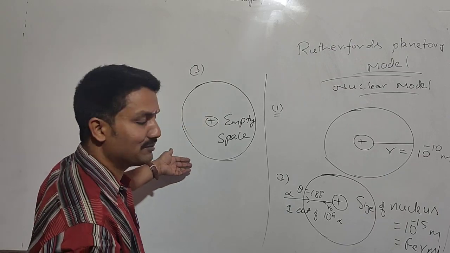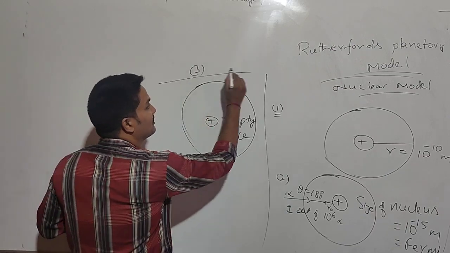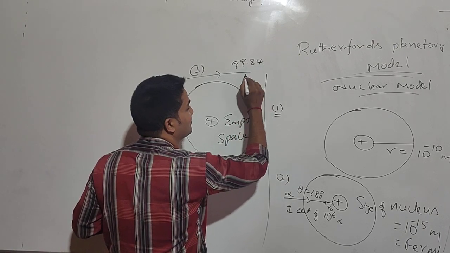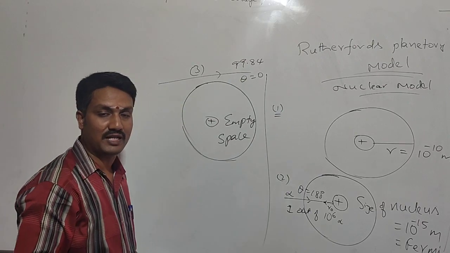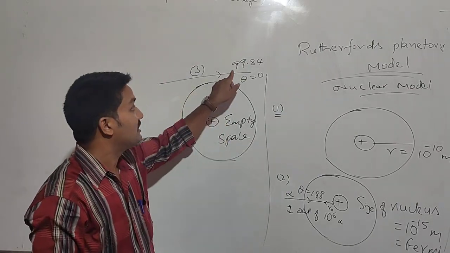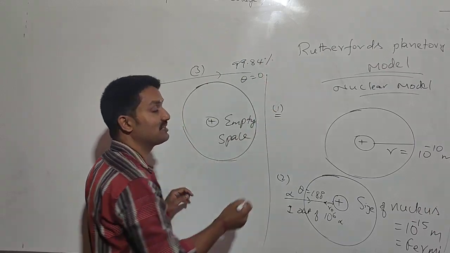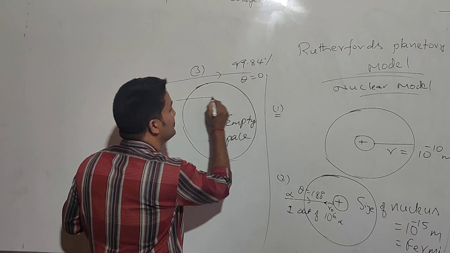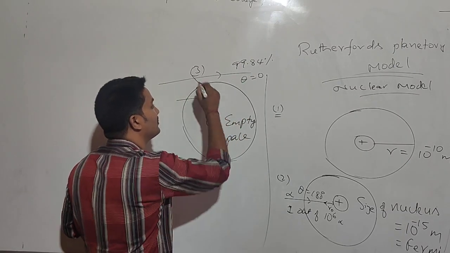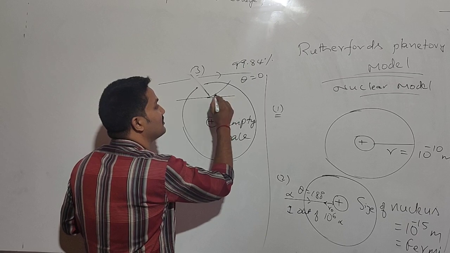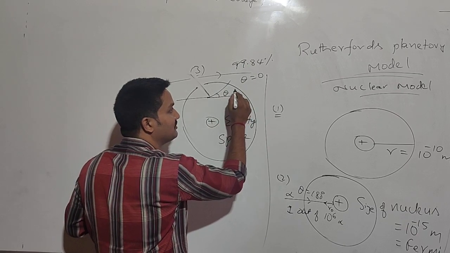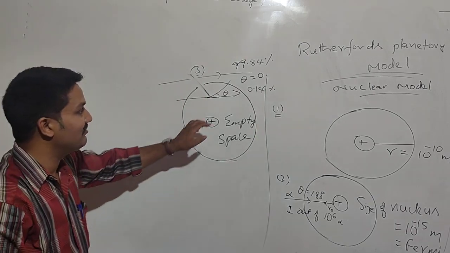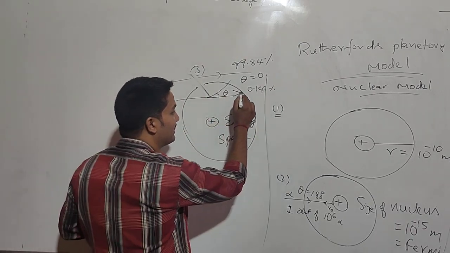Because from the Geiger-Marsden experiment, 99.84% of alpha particles are not deviated. There is no deviation at all. Only 0.14% of the alpha particles deviate by more than 1 degree.